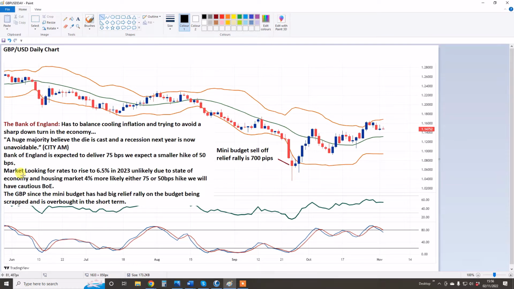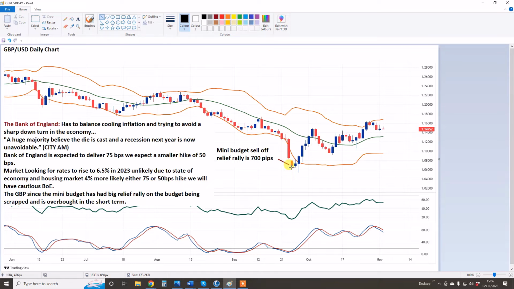In terms of markets, they're looking for rates to rise to 6.5% in 2023. That's unlikely due to the state of the economy. It would really crush it if you had rates up there, and also the housing market, which is so important in the UK. Now in terms of the pound, since the mini budget debacle, when the government came up with the idea of a budget with unfunded tax cuts, the pound really sold off.